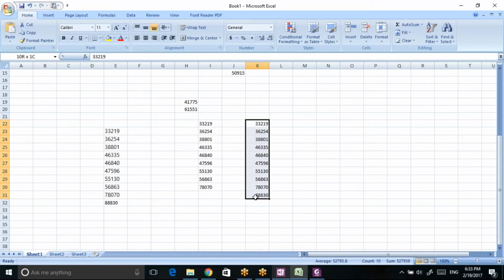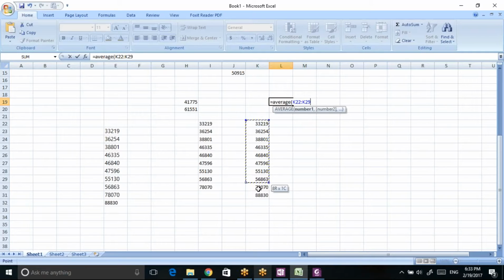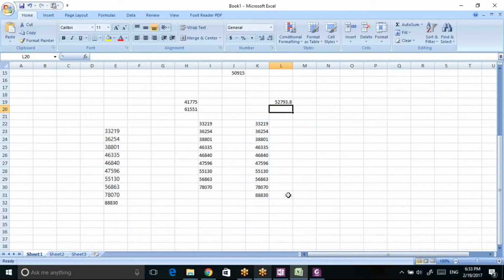So now the average is 52793.8, right? Yes. Okay. Now what I have to do is write it over here: average of these points. Now this is my x.